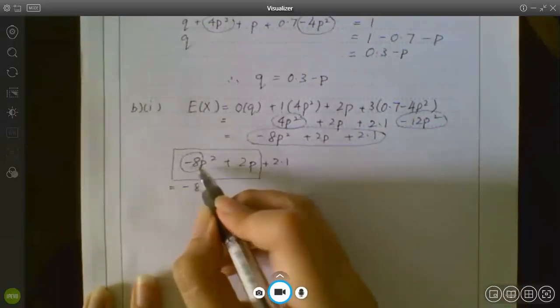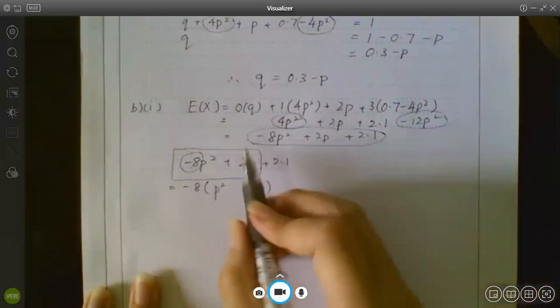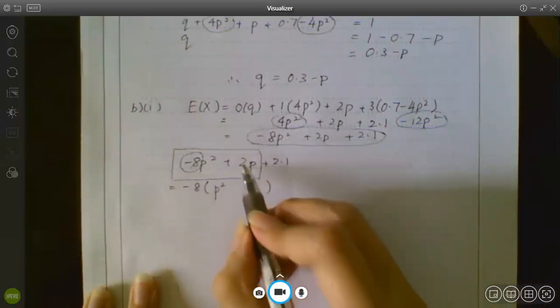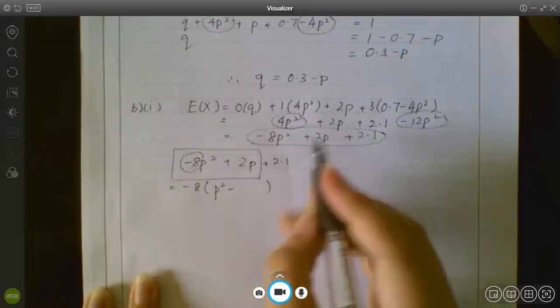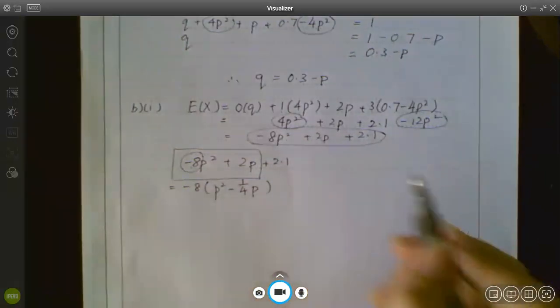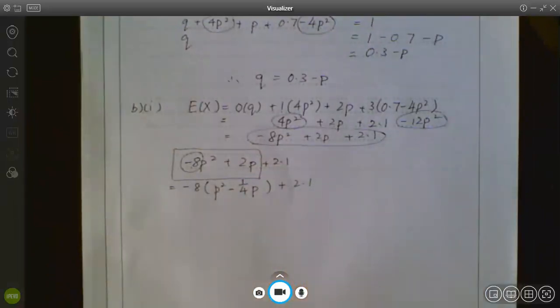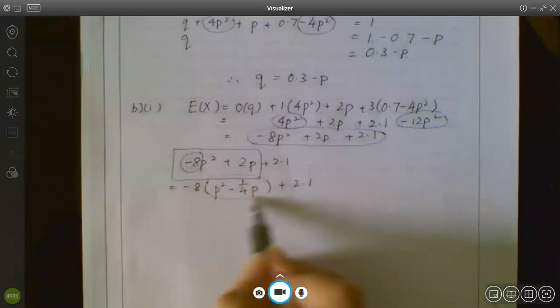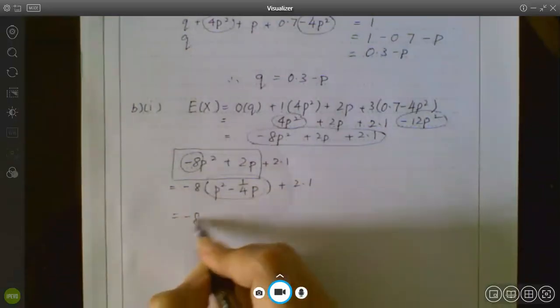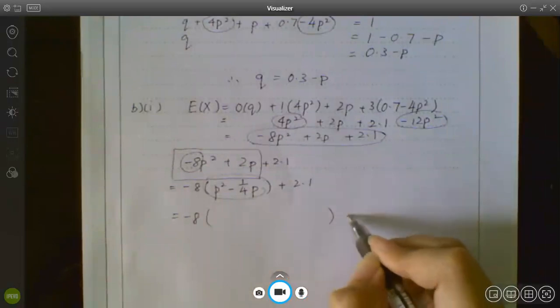So negative 8, I factor out, I have P squared. And in order to get 2P, I need to multiply by negative 1/4 P. And I write down 2.1 at the end. Okay, now I work on the brackets, copying down negative 8 in the bracket, and I write down 2.1 at the end.